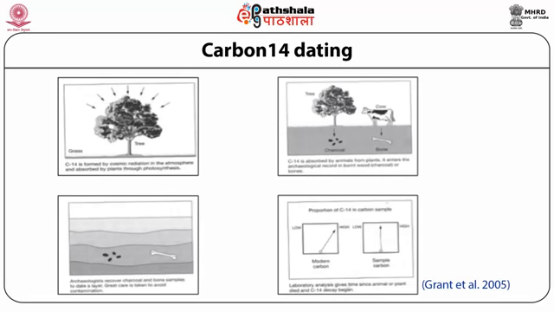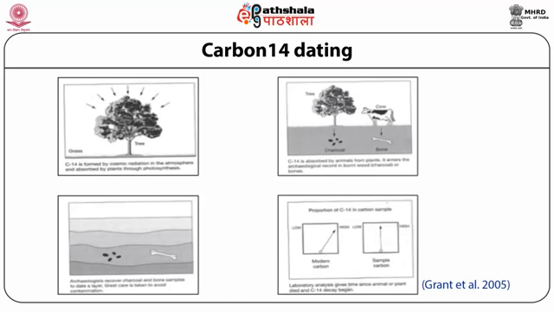It is the most widely used radiometric dating method. This dating method is based on the principle of the decay of carbon-14 into the nitrogen element. The half-life period is 5730 years. Unlike carbon-14, carbon-12 is a stable isotope. After the death of the animal or plant, the radioactive carbon-14 begins to decay and carbon-12 remains the same.